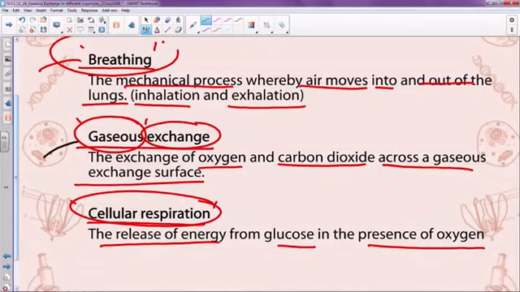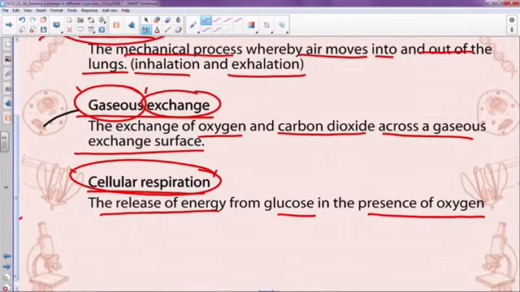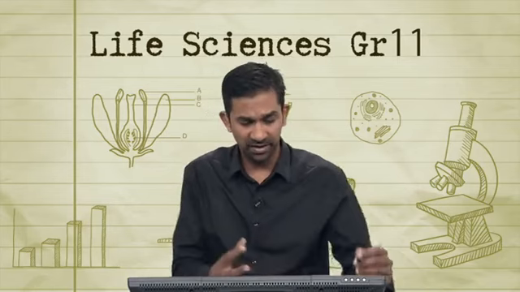Then we get to gaseous exchange, which occurs at the alveoli, or at a macroscopic level, and then cellular respiration, which occurs at an organelle level inside the cell, which we refer to as the mitochondria. So we've got to understand where and how respiration occurs, gaseous exchange, and obviously the process of breathing that occurs.